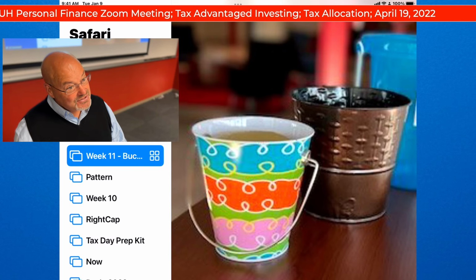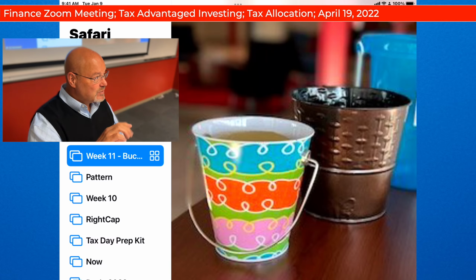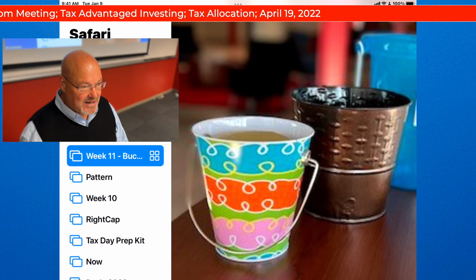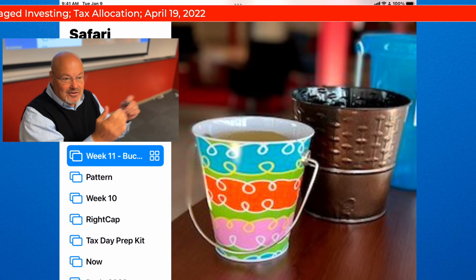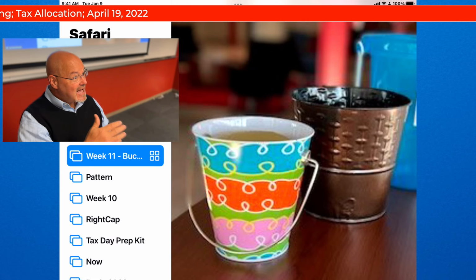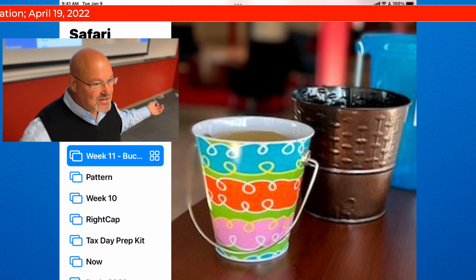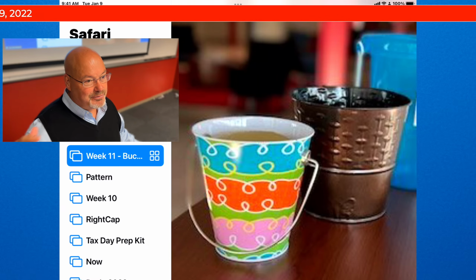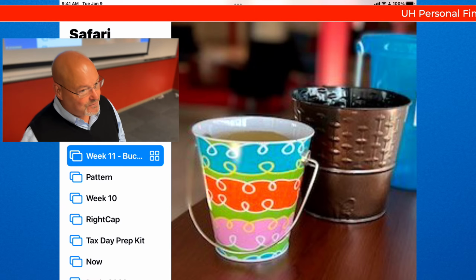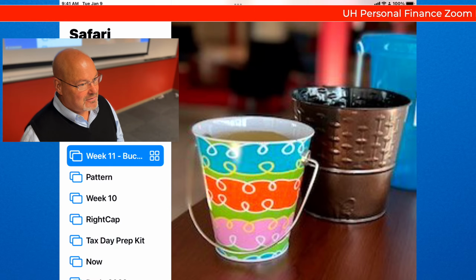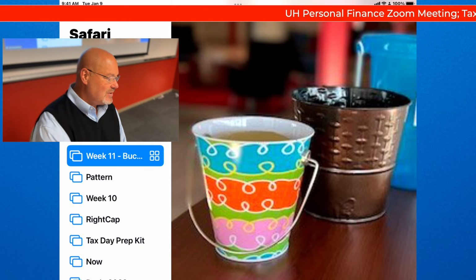That's important. That is on your quiz: the difference between tax-free and tax deferred. Tax deferred is your IRA, your 401k. Those are tax advantaged. They're all tax advantaged. But tax deferred is distinctly different from tax free, which is better. Tax free is better. And we're going to jump into that now.